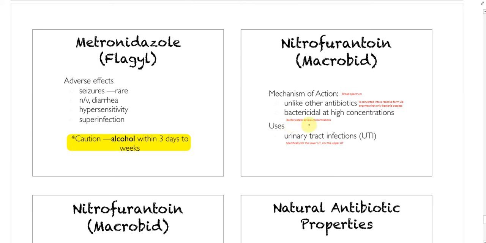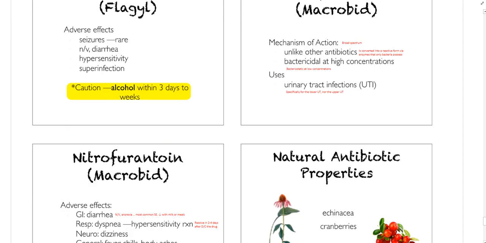It is bacteriostatic at low concentrations and bactericidal at high concentrations, and is used almost exclusively for UTIs of the lower urinary tract, not the upper urinary tract.